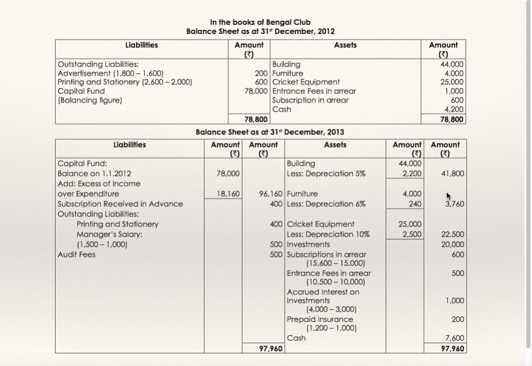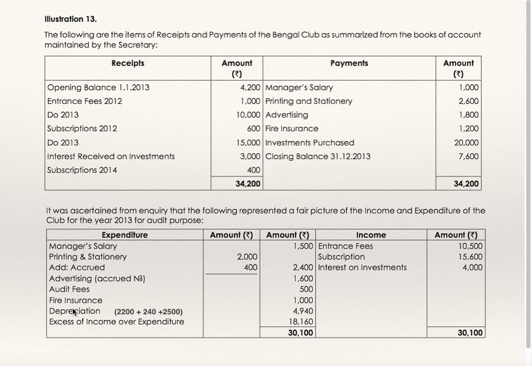So on the asset side we have recorded whatever assets are given. Now if you add these three depreciations you will find it on the expenditure side of income expenditure account. Income expenditure account, depreciation 2200 plus 240 plus 2500.